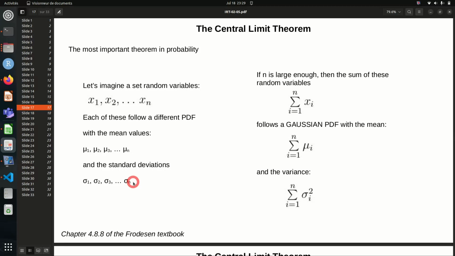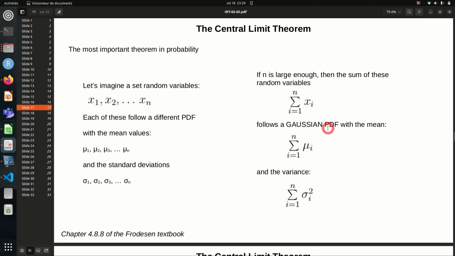And we consider the sum of these random variables. What is going to be the PDF of the sum? They all have a different PDF. It's not necessarily the same. We make the sum. The PDF of the sum is going to be a Gaussian.